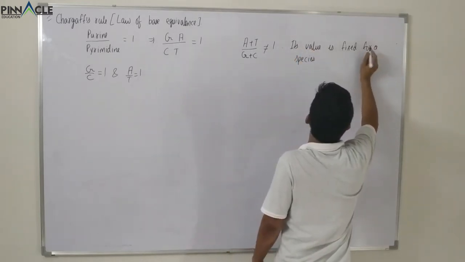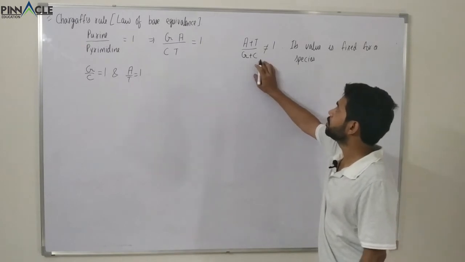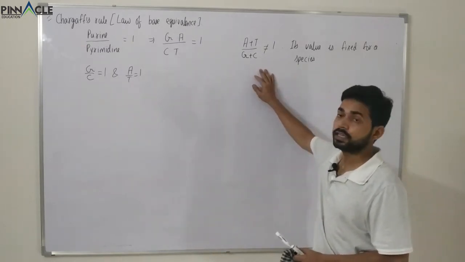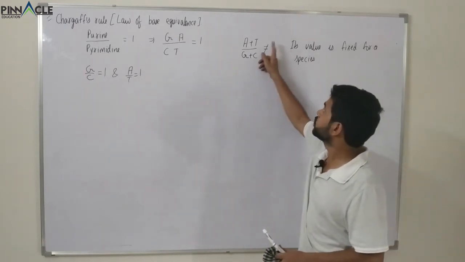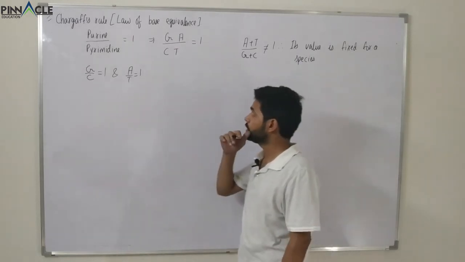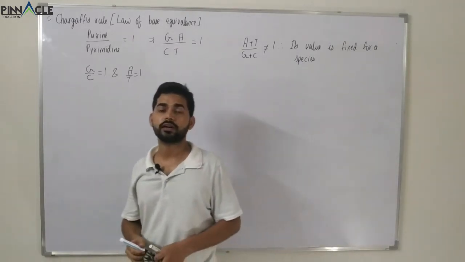So this value of A plus T by G plus C is fixed for a species and it cannot change. Every species has this ratio at a fixed value that cannot change within a species. So this is the normal Chargaff's rule.